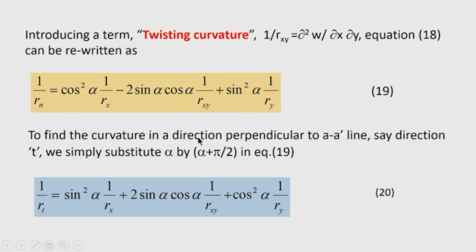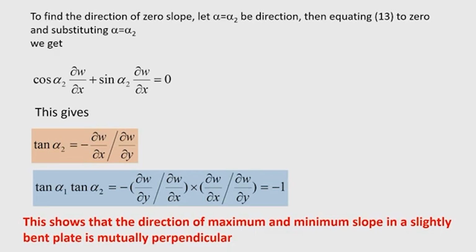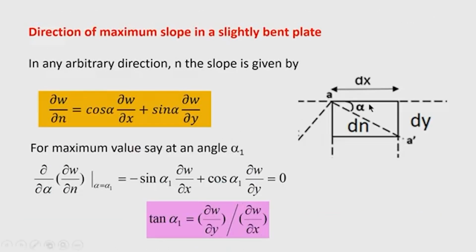To find the curvature in any direction perpendicular to a dashed line. So, what we got earlier, this is our a dashed line. We have found the curvature along the a dashed line. Now, if I want to find the curvature along another direction which is normal to a dashed line, say this direction is n direction and this direction is t direction.